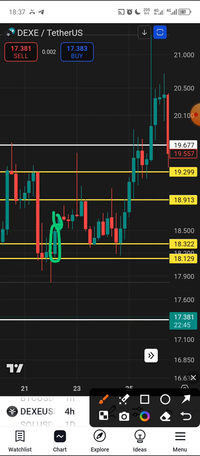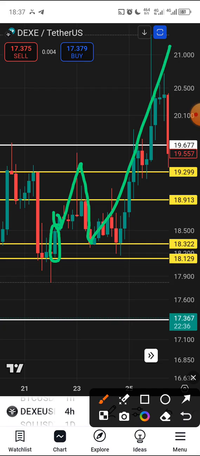So when the price went high, it had to retrace in order to continue in the upward direction again. So this point here is what we call the retracement.